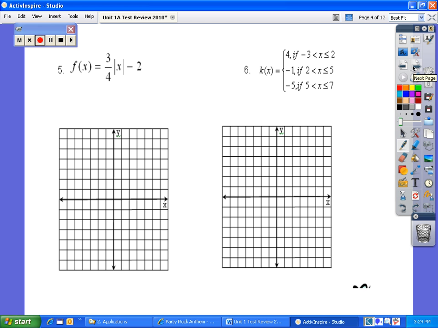Okay, next we have this graph. We have a vertex at opposite and same, so there is no value next to x, so that's just 0. And the negative 2 stays the same.